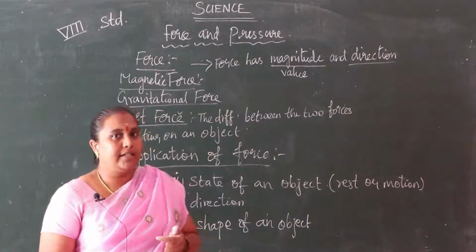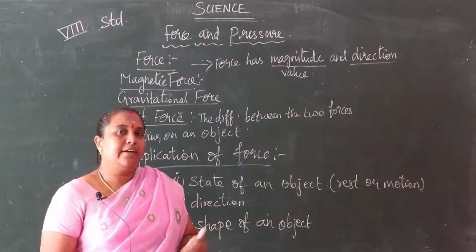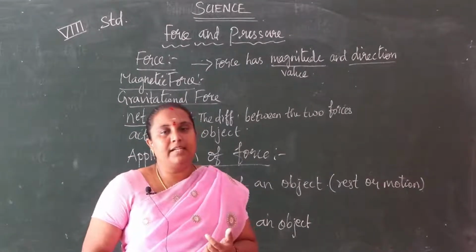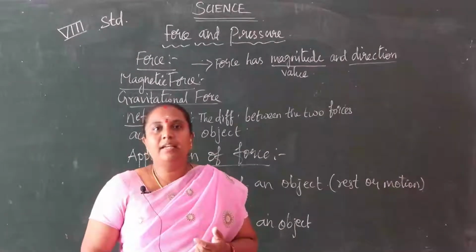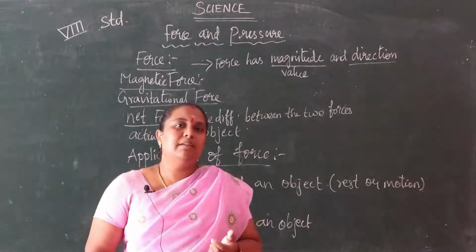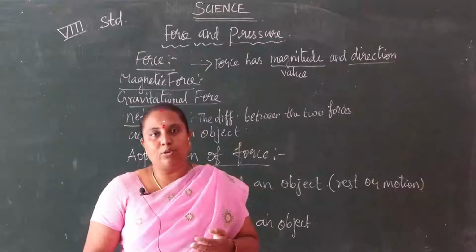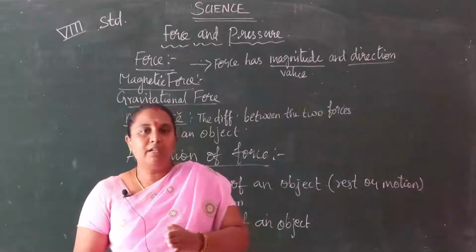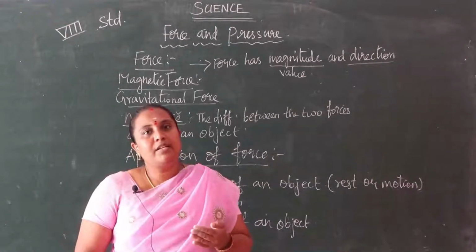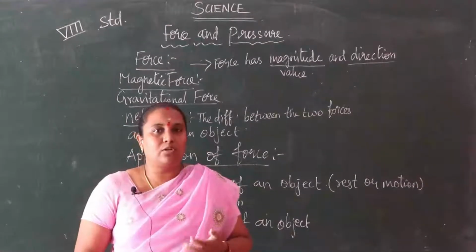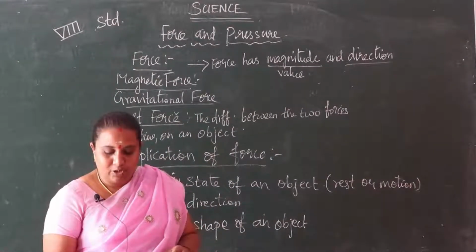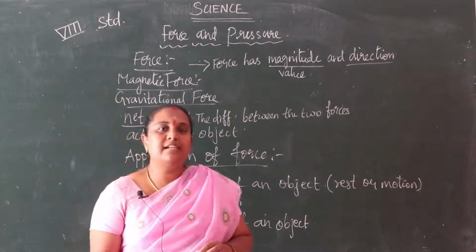So the state of motion can be defined based on inertia. What does inertia mean? It is the tendency of an object to be at rest or in motion, based on the force we are talking about here.